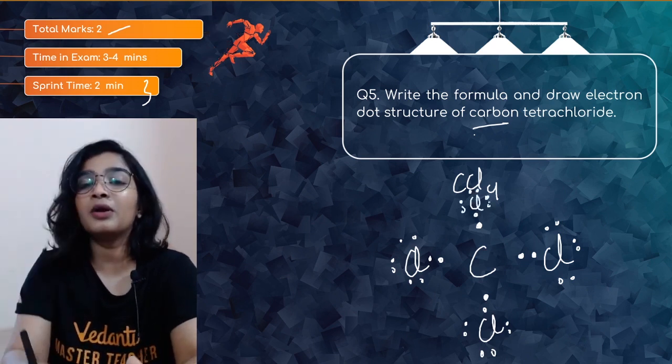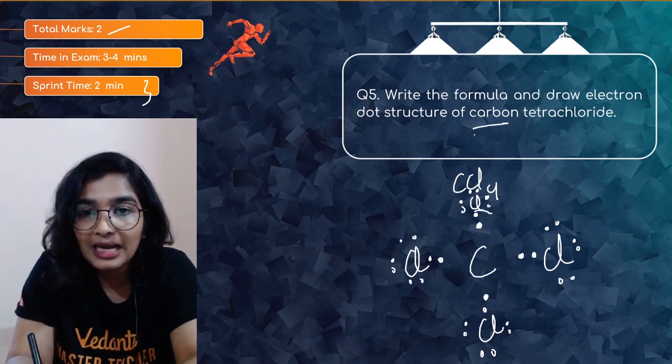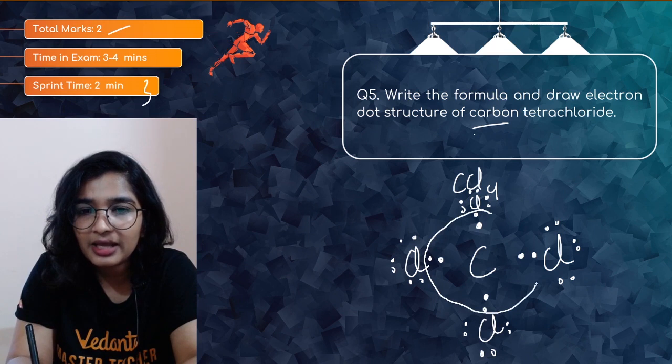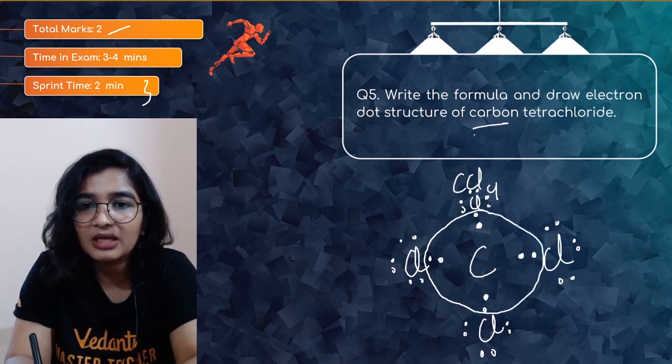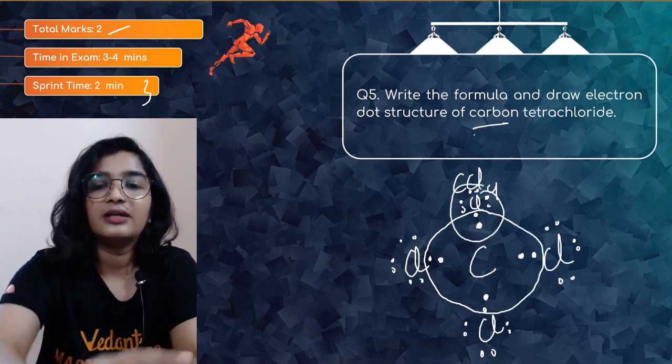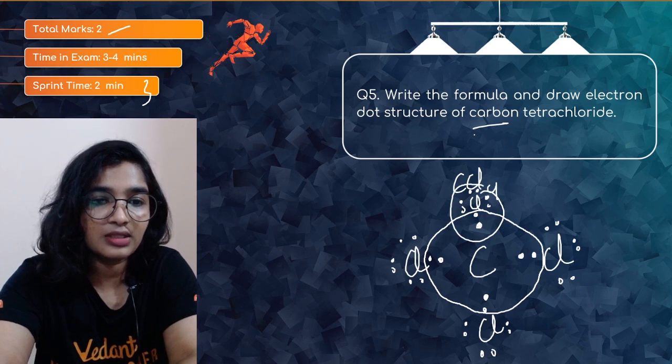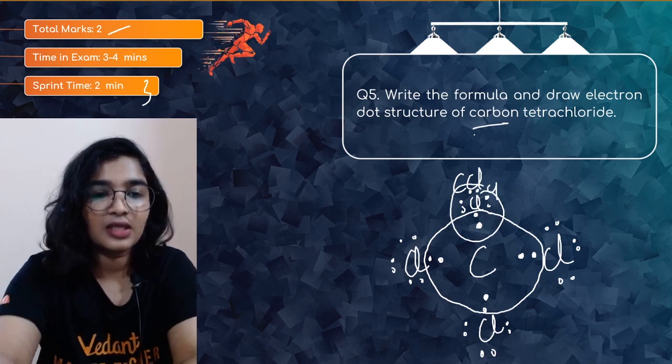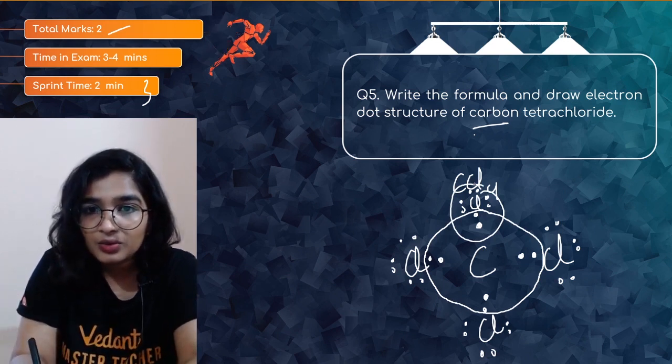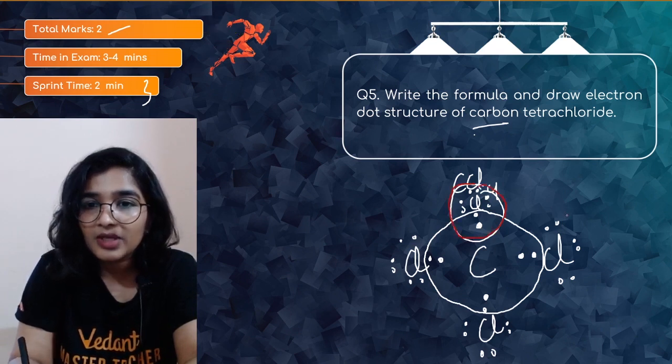Okay, now what you have to do, you need to show the overlapping. See, that means there is sharing of electrons between carbon and chlorine, and let me use a different pen so that you can see it properly. I'm using red to show the overlapping. Can you all see it?